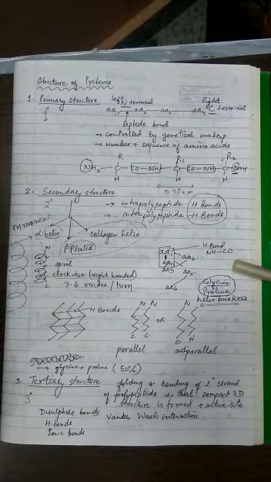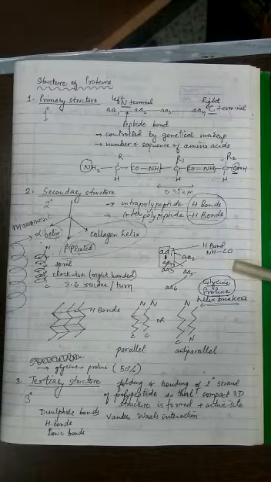So there are 3 types of secondary structures possible. If it is a monomeric chain, alpha helix. If it is an oligomeric chain, either it will be beta pleated form or it can be collagen helix type of form. Collagen helix is different because of the abundant presence of the helix breaker.